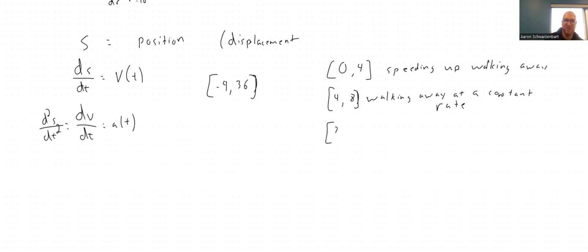8 to 12, still walking away. At 12, the student turns around.